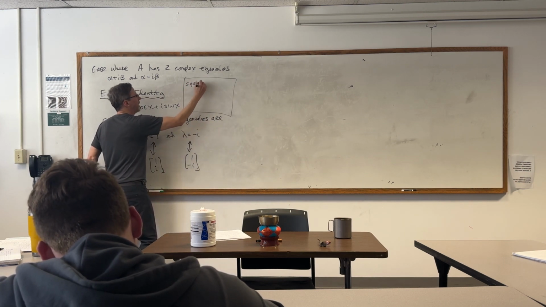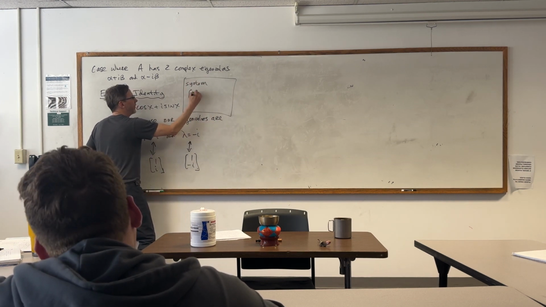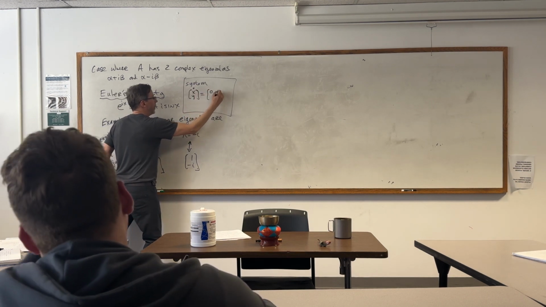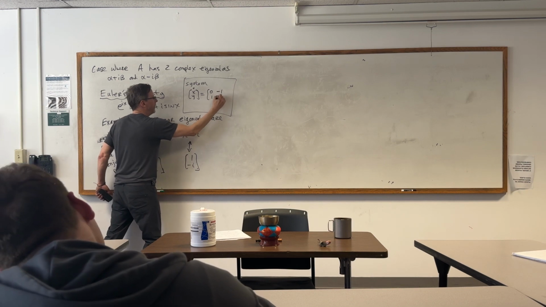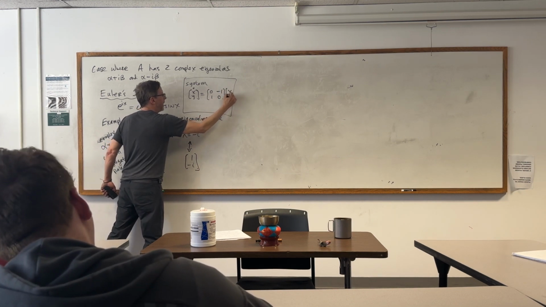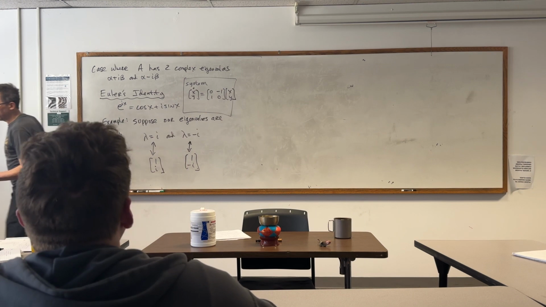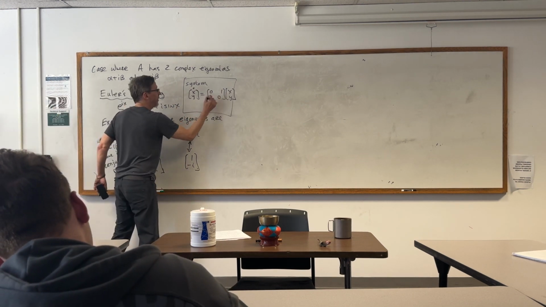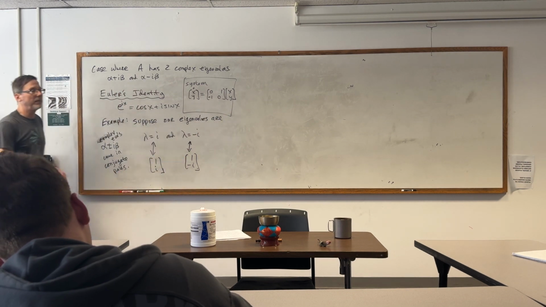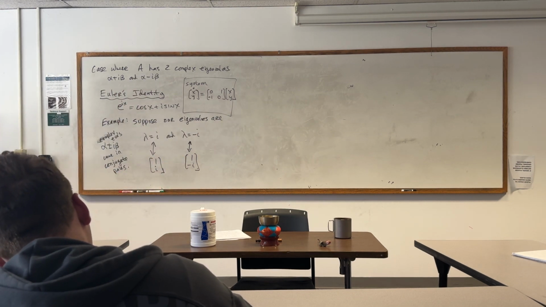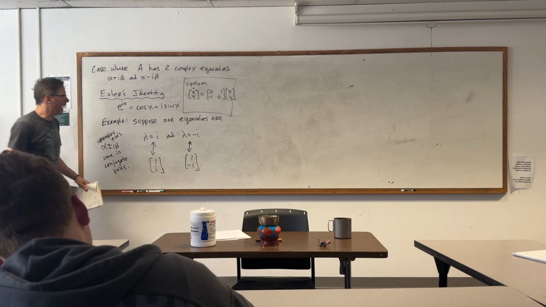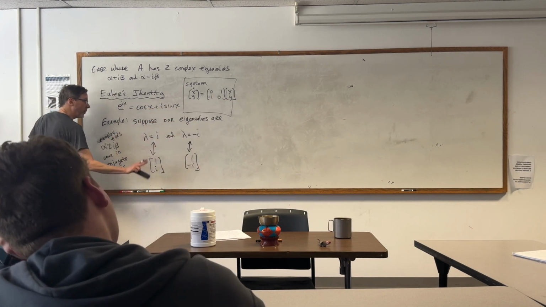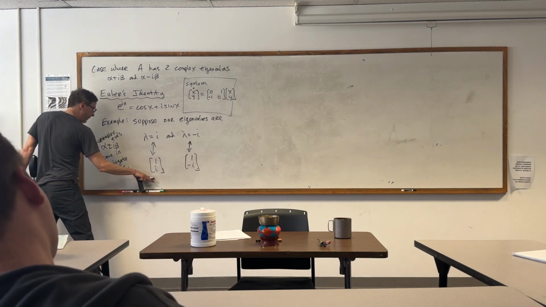Here's the system these come from: (x, y) dot equals the matrix [0, -1; 1, 0] times (x, y). Make sure that's right. So that's the system we had. We went through, we found the eigenvalues, they were this. We found the corresponding eigenvectors, they were these. And we're good to go.